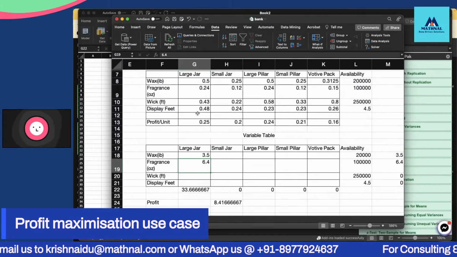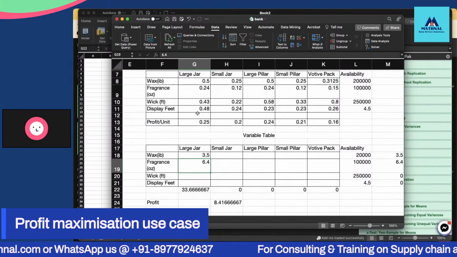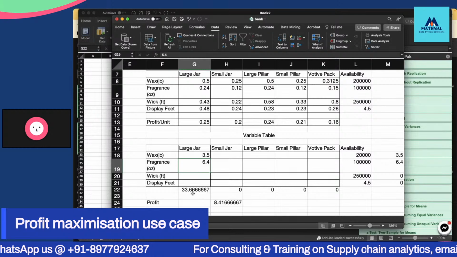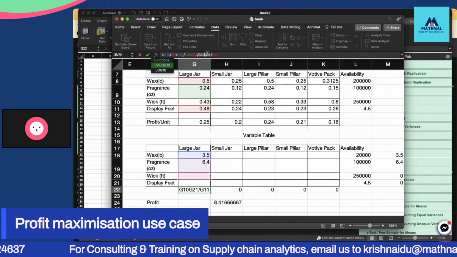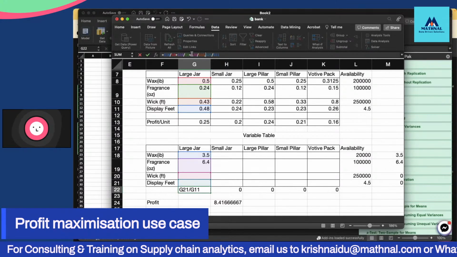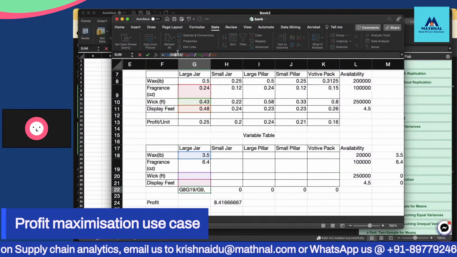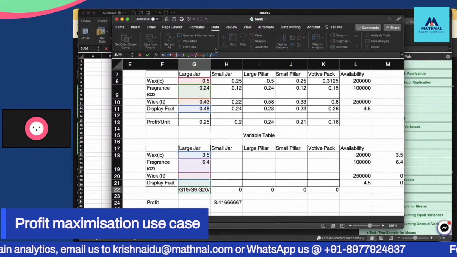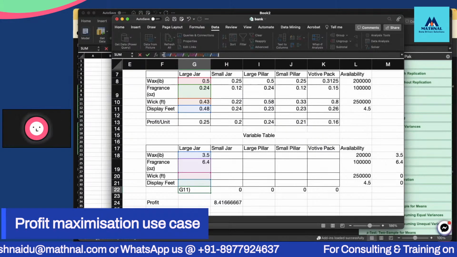So 0.57, let's take a min of this. I'll remove the plus sign everywhere and put the min.